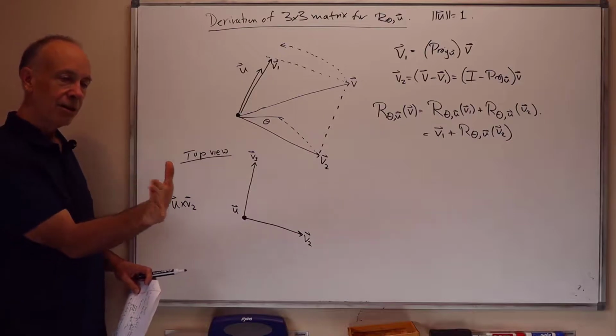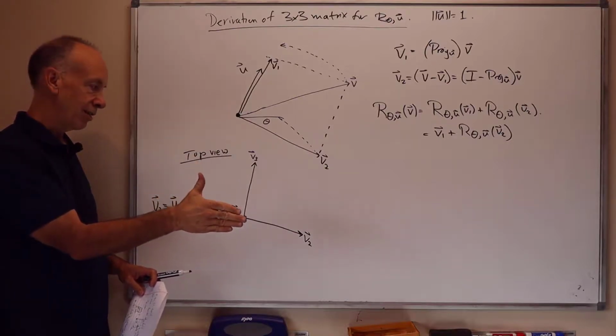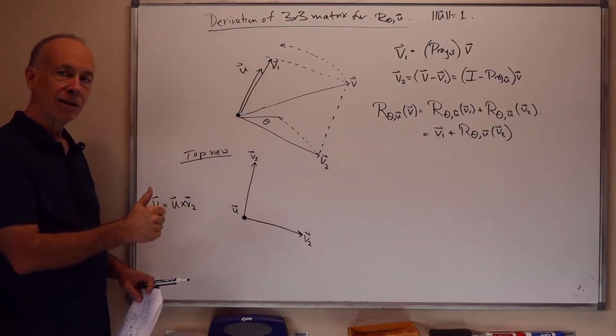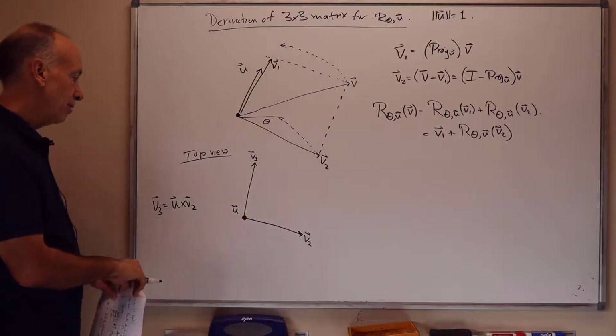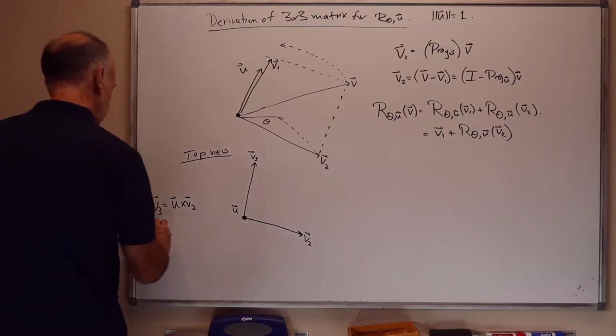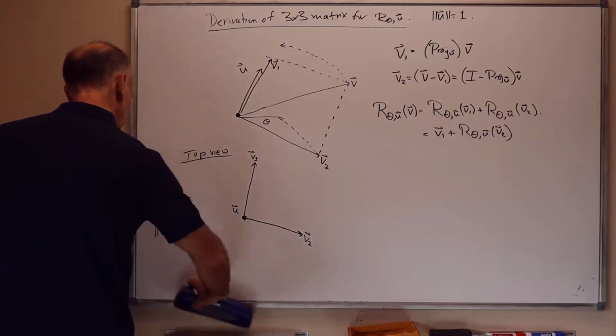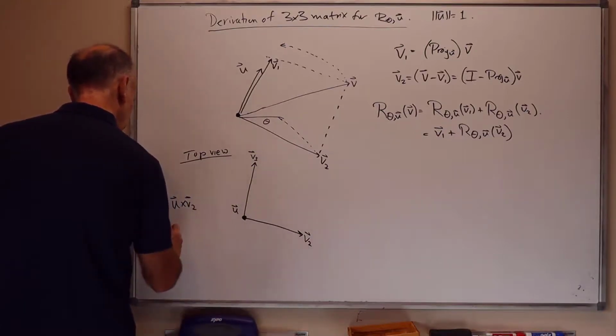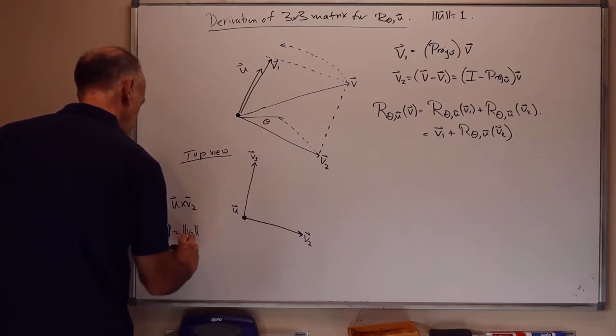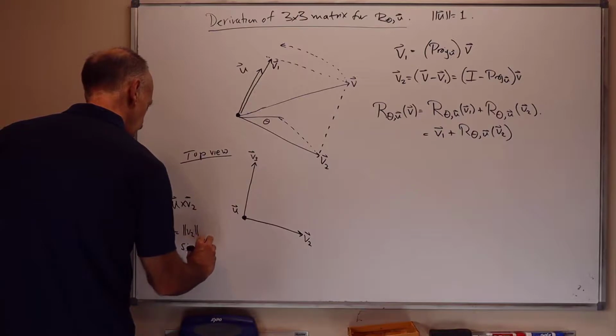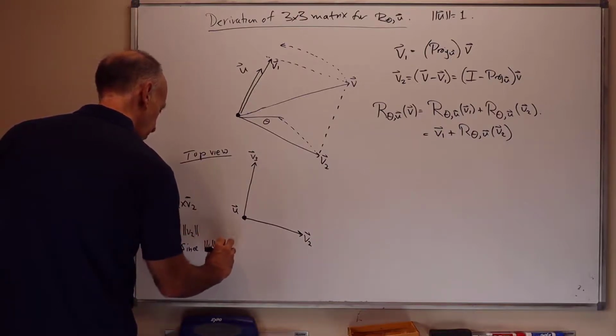We take the cross product with the right-hand rule, we push u towards v2, and we get a vector that's at right angles pointing upward. And the length of v3 is equal to the length of v2, since u is a unit vector.